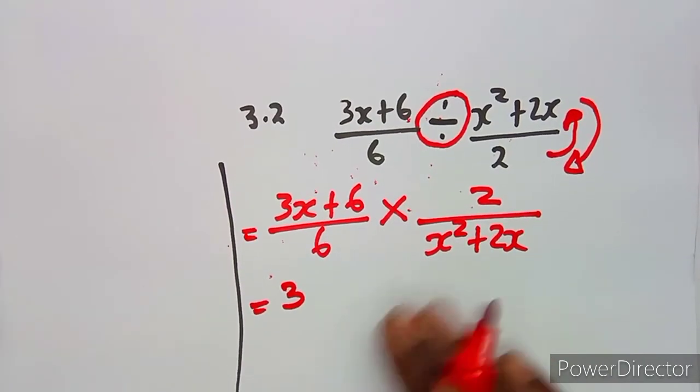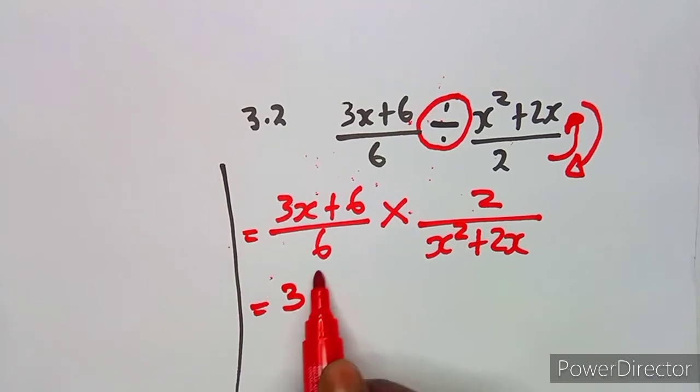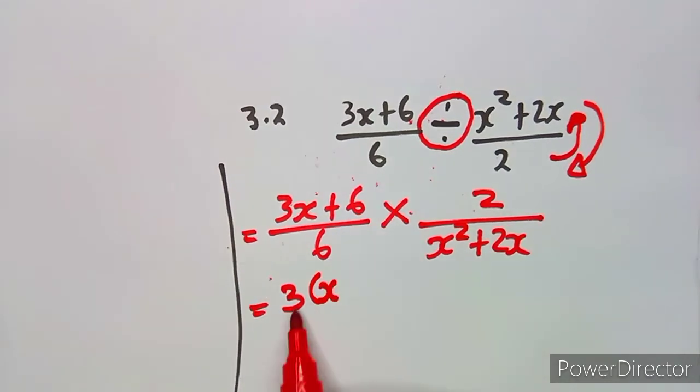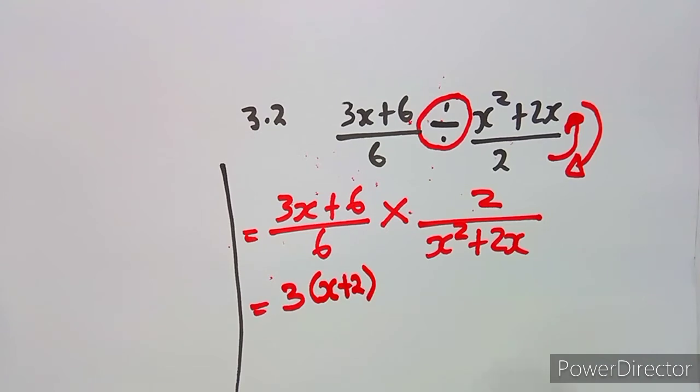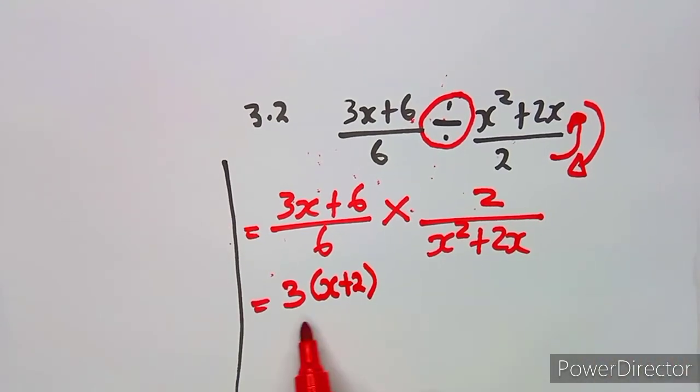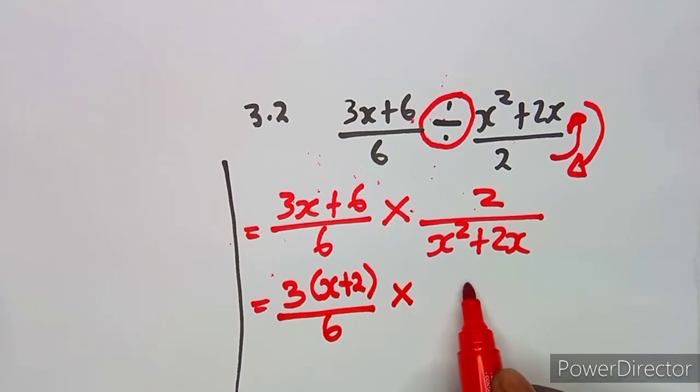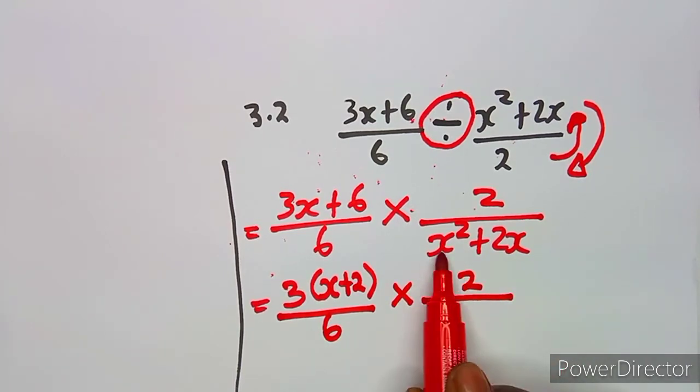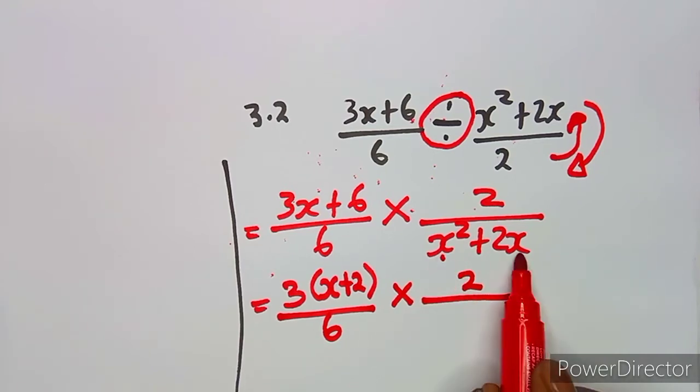If you divide 3x divided by 3, that's going to be x. 6 divided by 3, which is 2, like this. All right, divided by 6 multiplied by 2 over, here we've got x again, which is common, so you can factor out x.